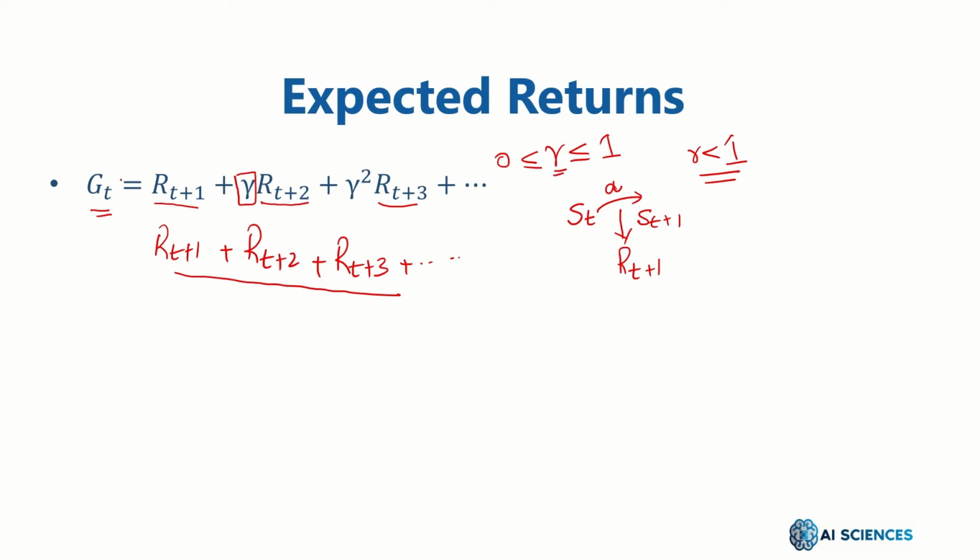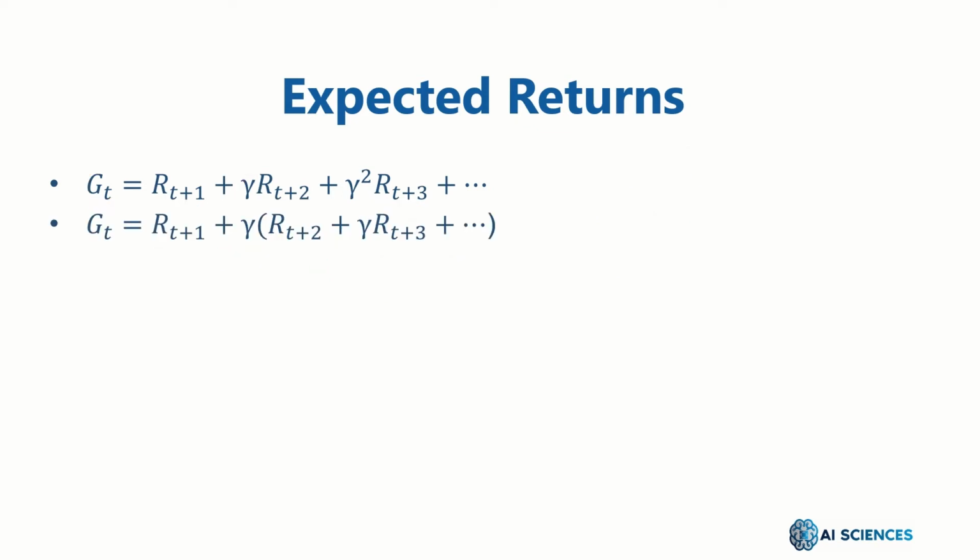So this is called the return. Return means all the future rewards that you're expecting. Then, if you do simple mathematics on it and take gamma common, you end up with R_t+1 plus gamma times an expression which is basically G_t+1.